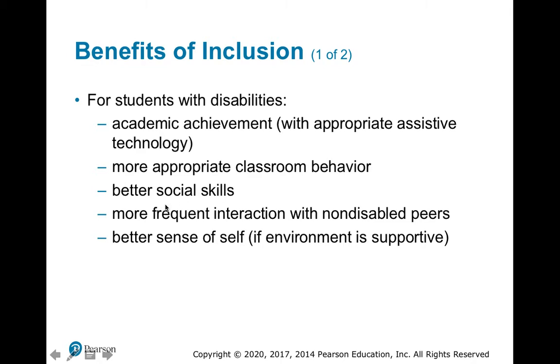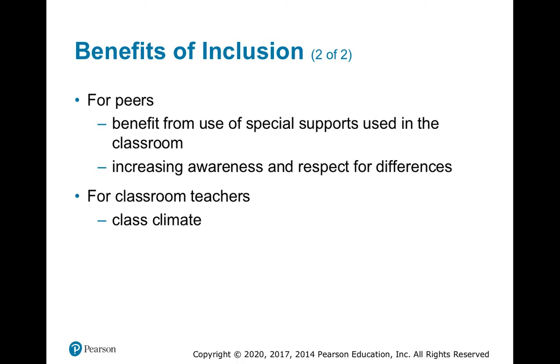They will gain a better social skill, with frequent interaction with non-disabled peers, meningkatkan lagi interaksi mereka dengan pelajar-pelajar lain, and better sense of self. Menjadikan konsep diri mereka lebih baik lah, kan? Macam mana dia orang memandang diri mereka, lebih yakin, lebih ke hadapan dan sebagainya, if the environment is supportive. Kalau environment tak supportive, student pun akan rasa very down, kan, tak bersemangat, dia akan rasa rendah diri dan sebagainya.